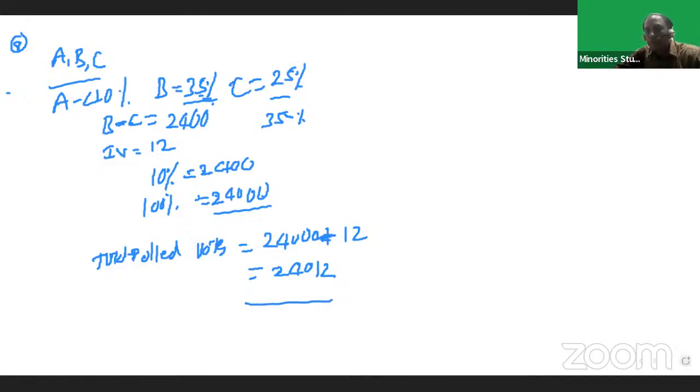Next one. At an election, two candidates A and B participated.